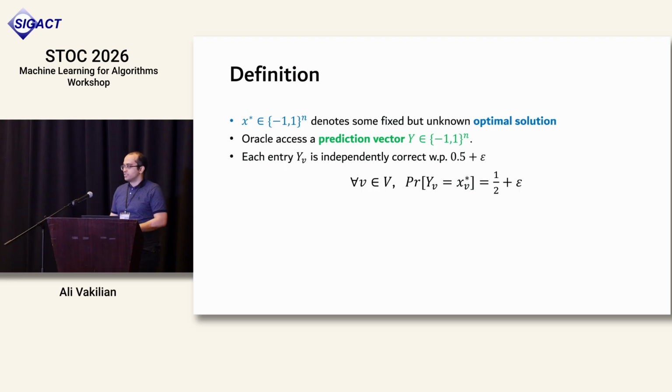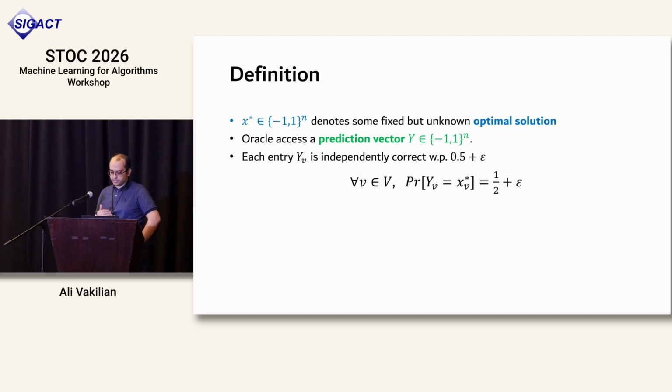We assume that we can represent the solution by some 0, 1, or -1 and 1 labels. So basically, the solution can be described as labeling some, let's say, vertices or points in the input.